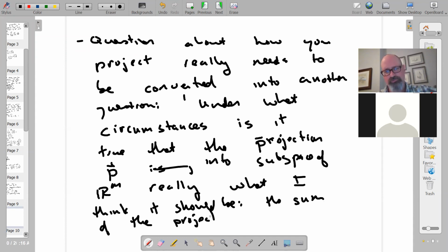It is not in general the sum of the projections, but it is under certain circumstances.